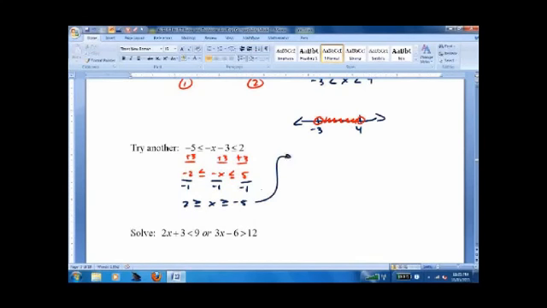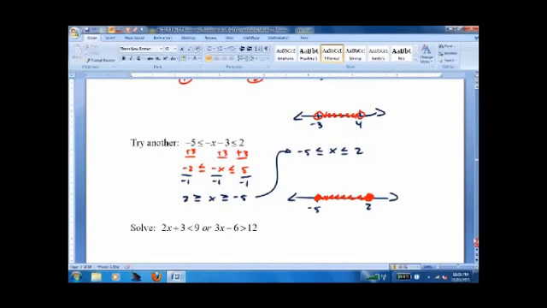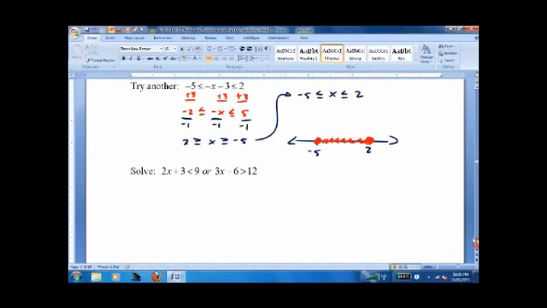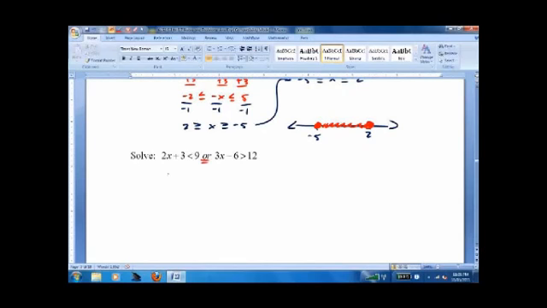I will rewrite this just because I prefer it that way. Now when I graph it, got 2 filled in dots. There we go.